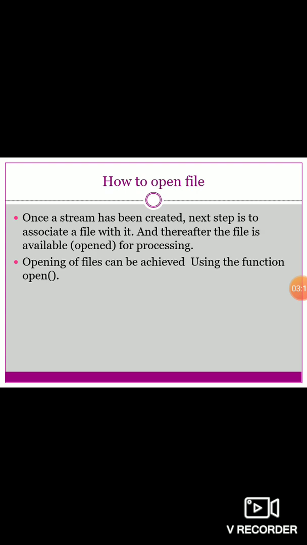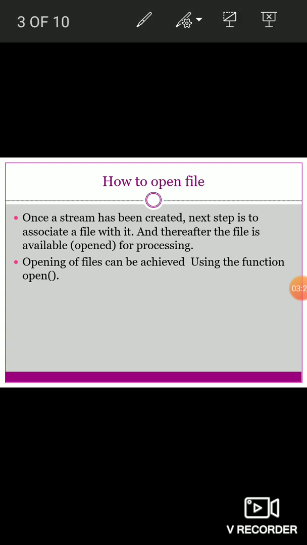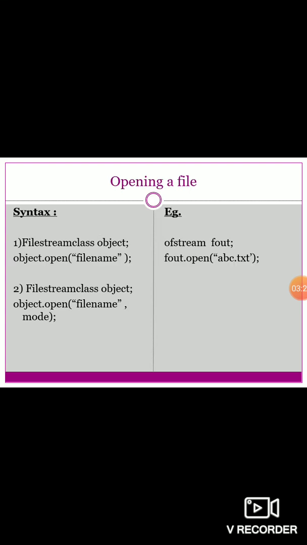So opening of files can be achieved using the function open. Now we will see the syntax of opening a file. You have to use a file stream class, meaning either ifstream, ofstream or fstream. Then you make an object of that file stream class. In the next line, you use that object dot open, and in brackets you pass the file name.